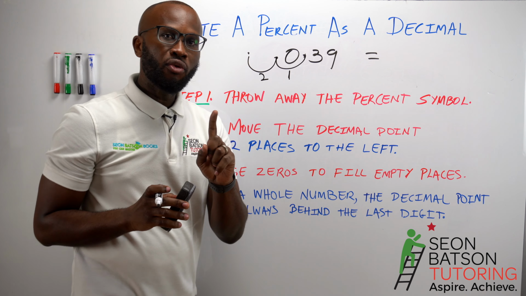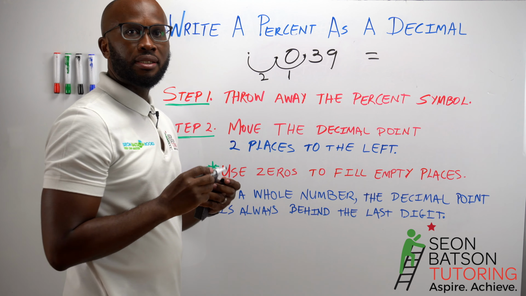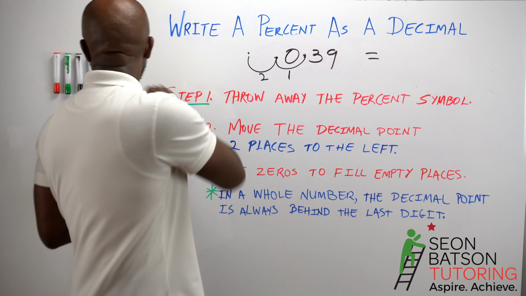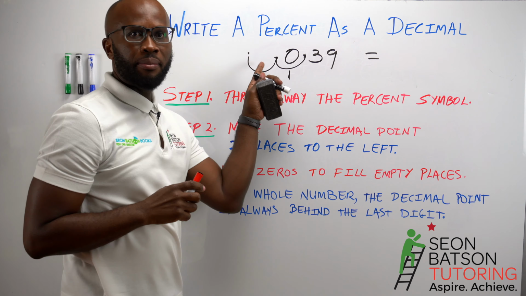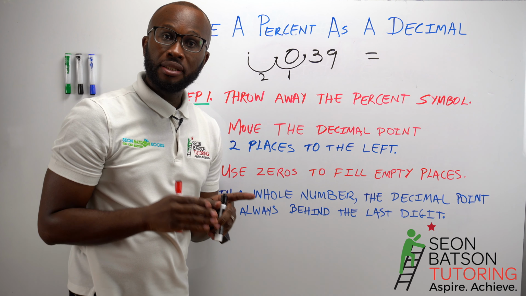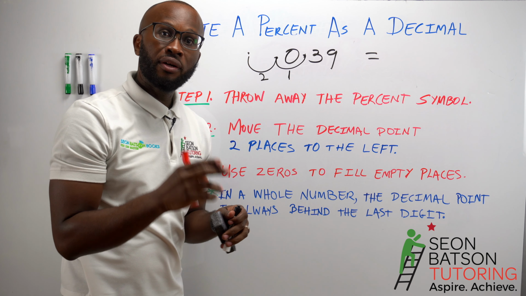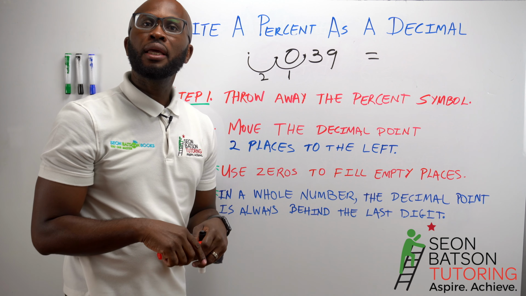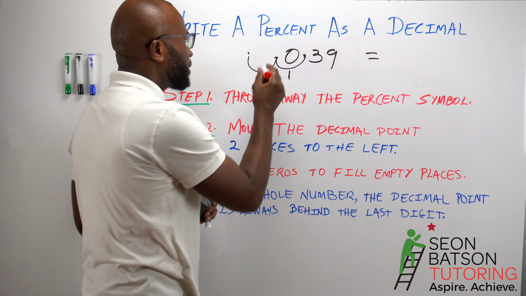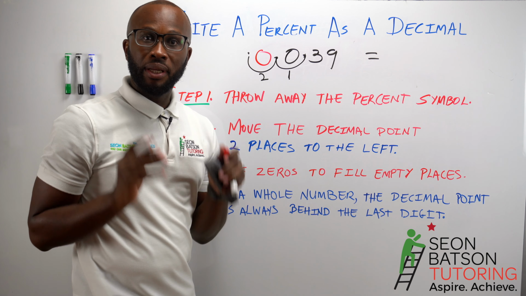Now, after moving the decimal point 2 places to the left, we have an empty place, an empty basket. And what do we do with this empty place? Remember what the rule says. If there are any empty places after moving the point 2 times to the left, we will fill that empty place with a 0. So we will simply put a 0 in the empty place.